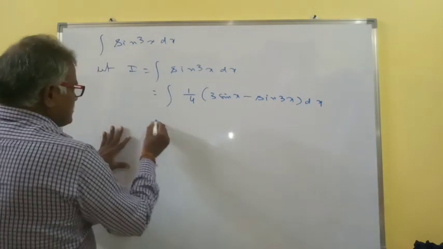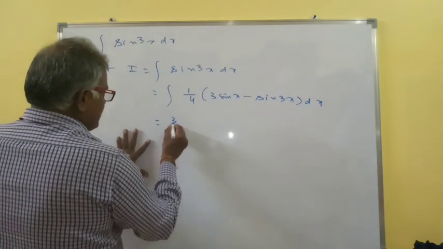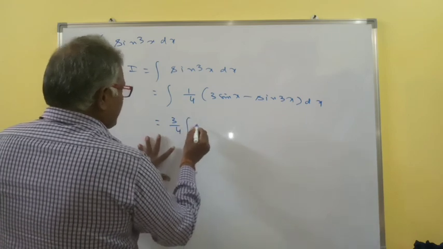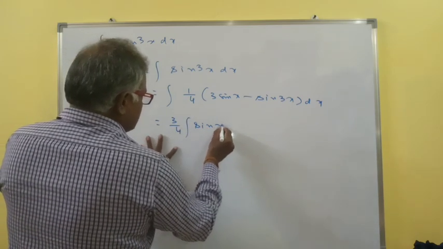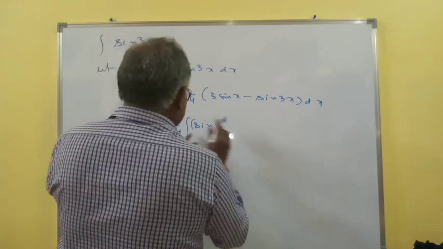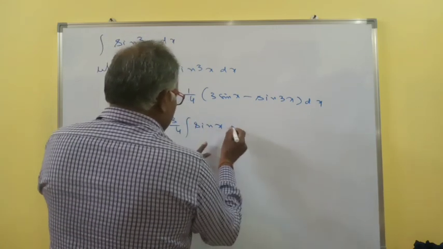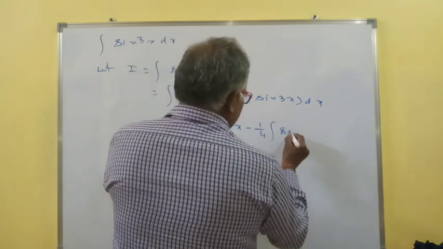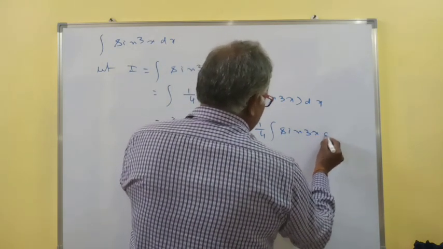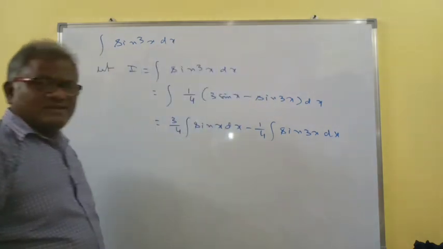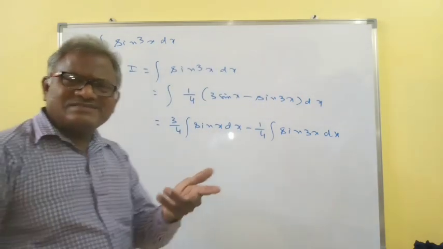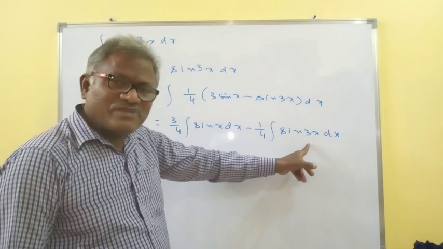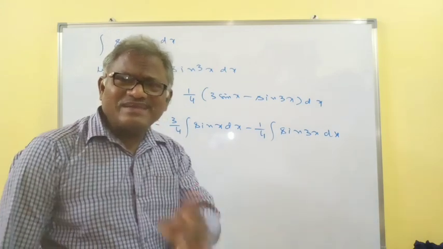So here separate these terms: 3 by 4 into integral sin x dx minus 1 by 4 into integral sin 3x dx. For sin x, the integral value is minus cos x, whereas for sin 3x it is minus cos 3x whole divided by 3.